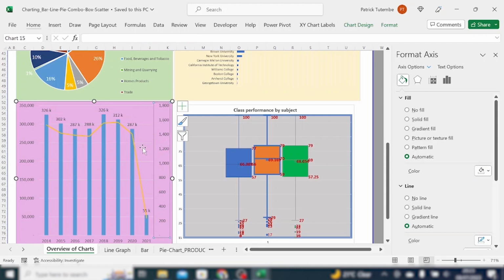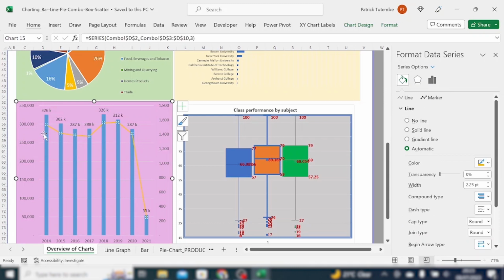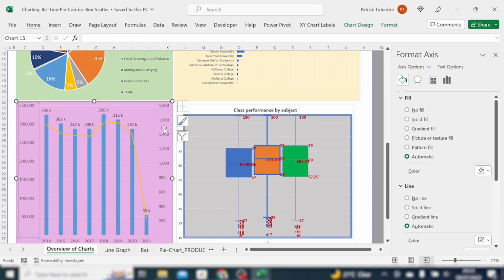In most cases, you will find that the vertical axis of a combo chart is split between the primary, which is normally on the left, and the secondary axis, which is on the right. So whenever, as an analyst or while reporting, you want to combine different data series into a single visualization, then a combo chart will come in.